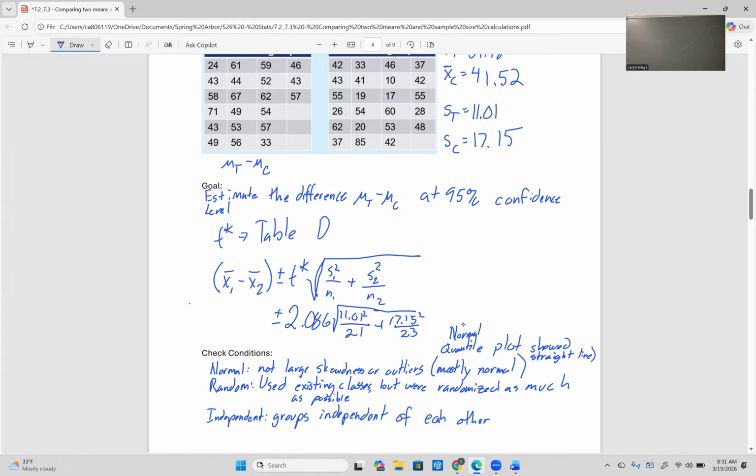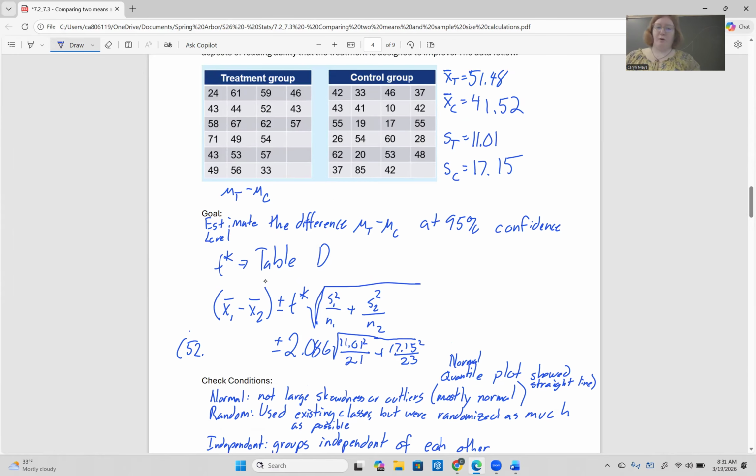And then XT minus XC is 51.48 minus 41.52.